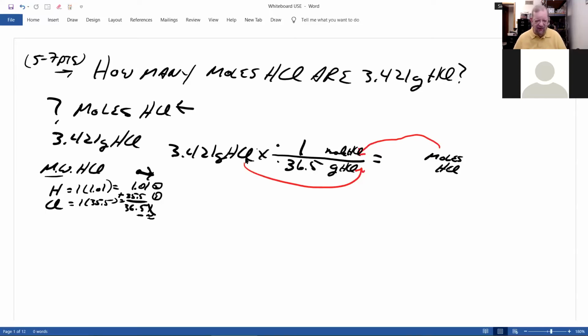And now I will look grams of HCl divided by grams of HCl equal 1. Remember, anything divided by itself equals 1 and cancels out. I'm left with moles of HCl. I now can go to my calculator, turn it on, clear it, and do 3.421 divided by 36.5.